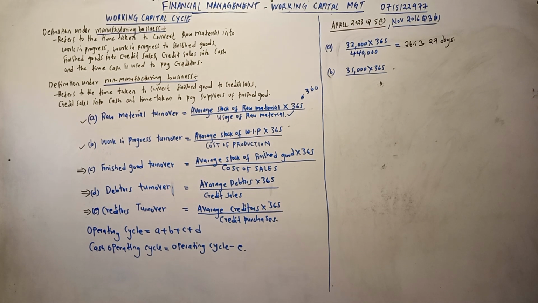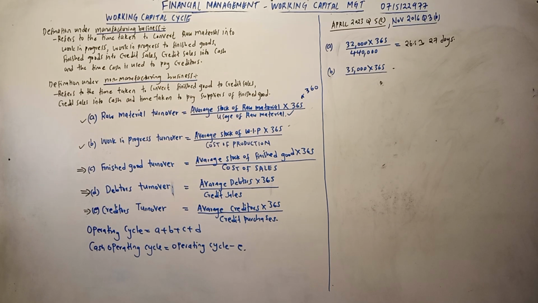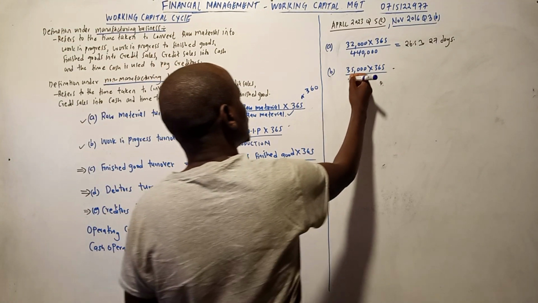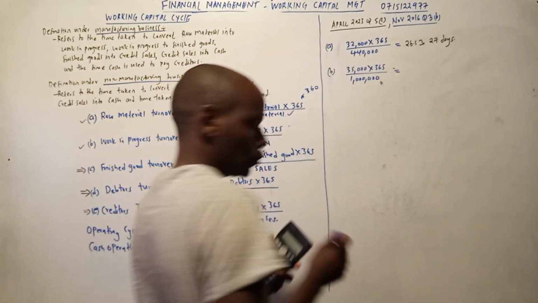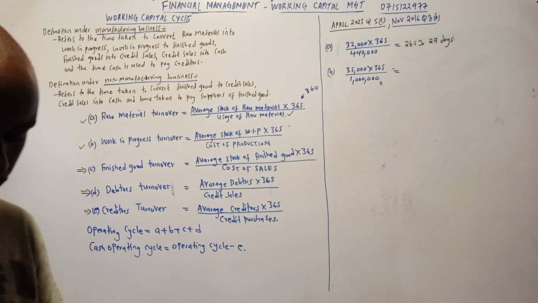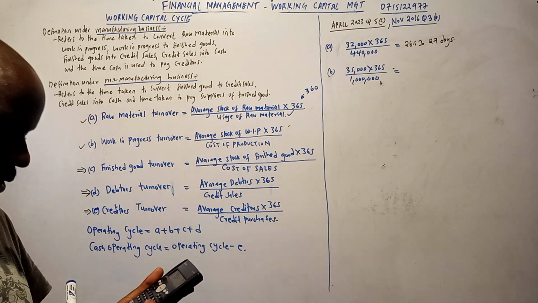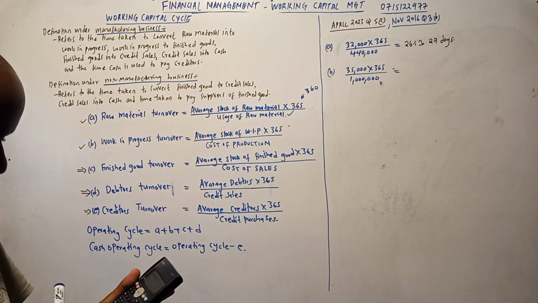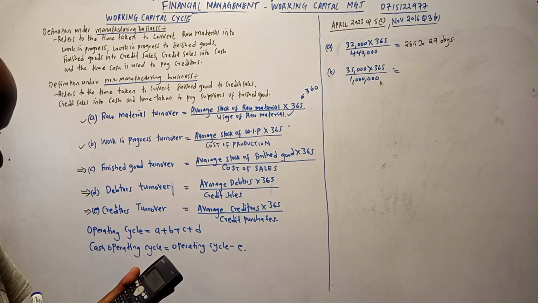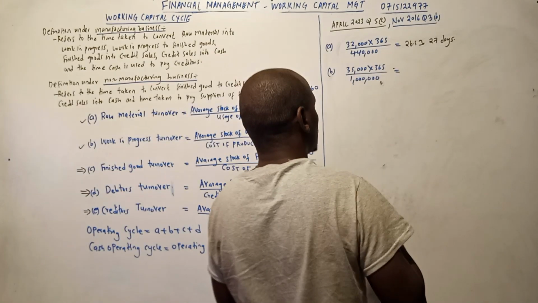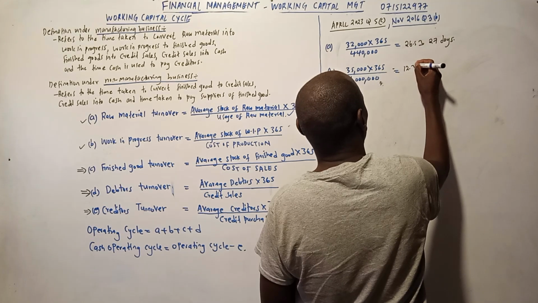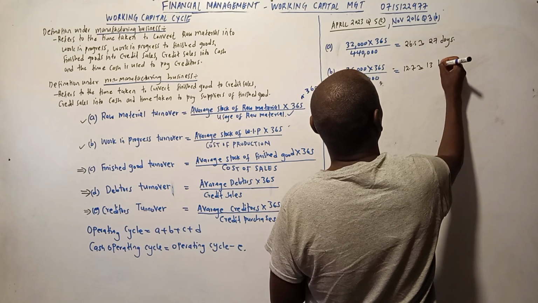Yes, we have it, it is 1 million. So it is 35,000 times 365 divided by 1 million, which is 12.7. We don't have a half day, so this is approximately 13 days.